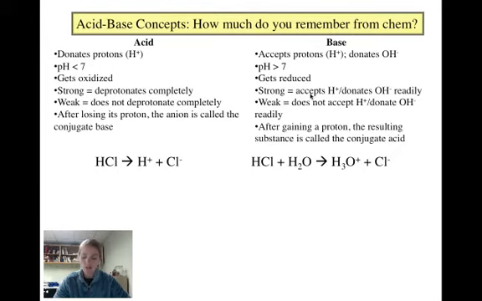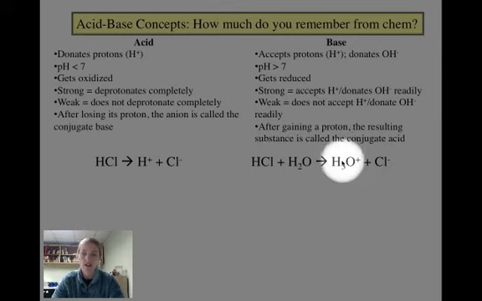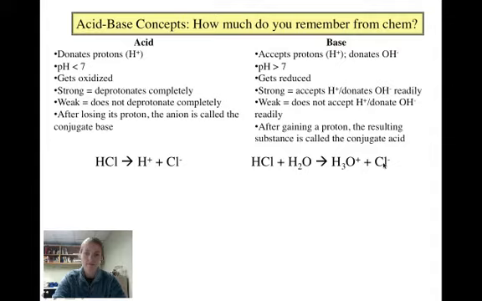To write the reaction more completely, water rips the proton away from the HCl, leaving a hydronium ion, H3O+, and a chloride ion, Cl-. Looking carefully at this equation, we can see that water gains a proton and hydrochloric acid loses one.